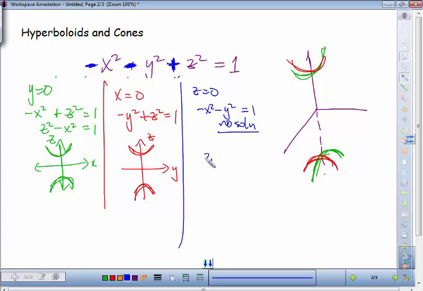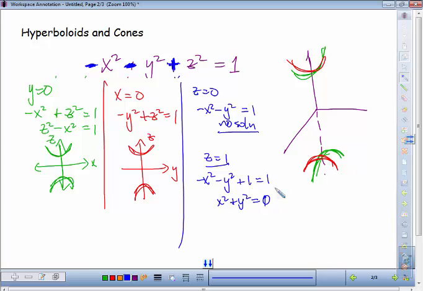Let's try z is equal to 1, if that gets us anything better. I have negative x squared minus y squared plus 1 is equal to 1. If I bring the x squared and y squared to the other side and the 1 to the left side, 1 minus 1 is 0. So I got x squared plus y squared is equal to 0.